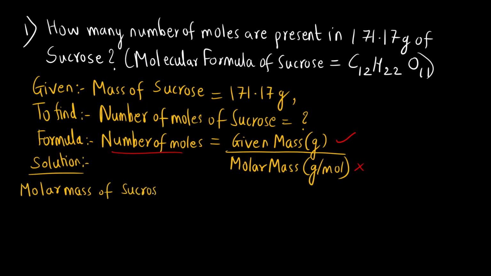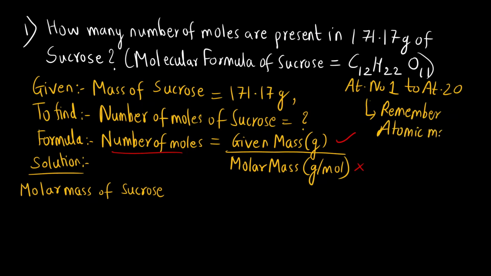At least from atomic number 1 to atomic number 20, you must remember the atomic masses of elements, because sometimes it is given and sometimes in the question it is not given.